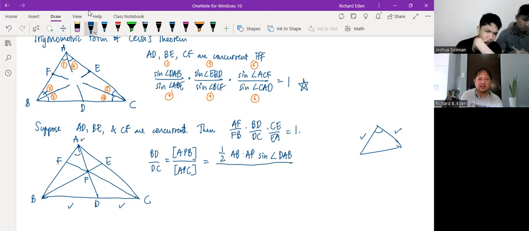So APC, 1/2 AC times AP times the sine of this angle, which is angle CAD.